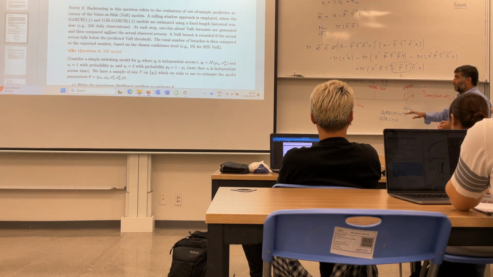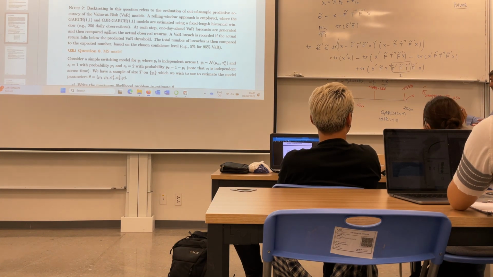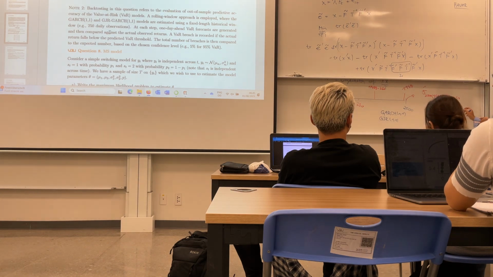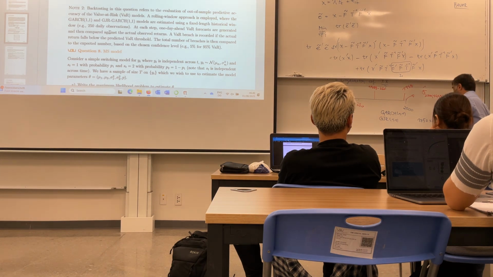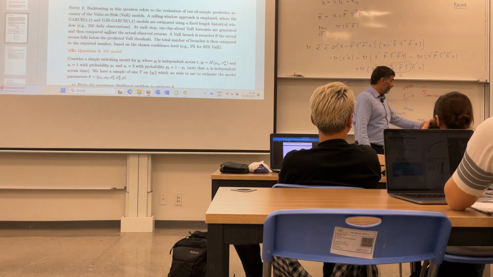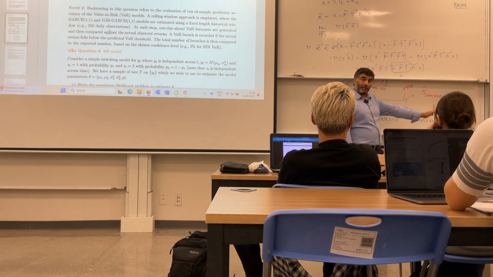You require that the breaches are not more than 1 minus 99%, so 1 minus 0.99, which is 1%. If it's 1750 times 1%, then it's 17.5. That's the number. We require not to have more than this number of breaches for all of these time periods.